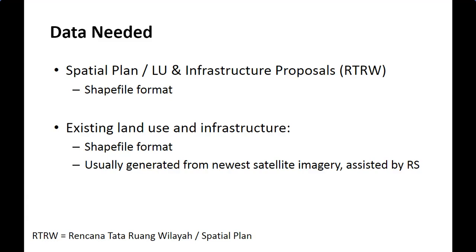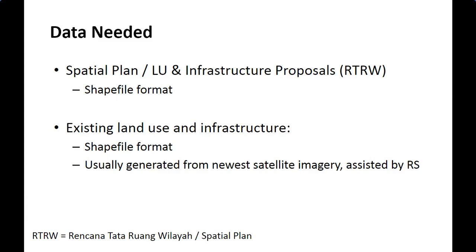Using GIS, our work will be much easier as long as we have the shapefile formats of the existing land use, the land use plan, the spatial plan, and also the land use from the past.